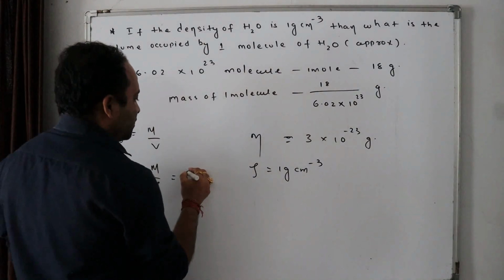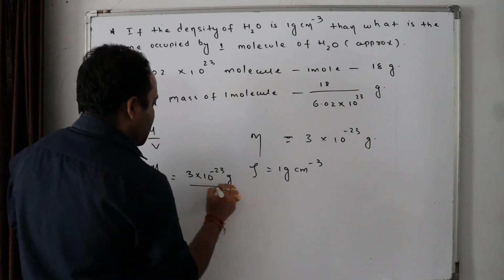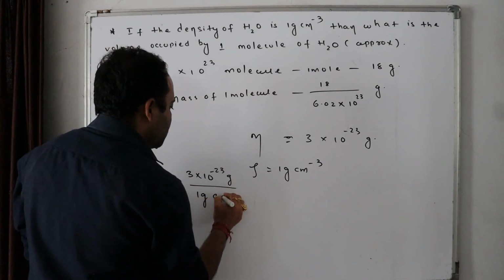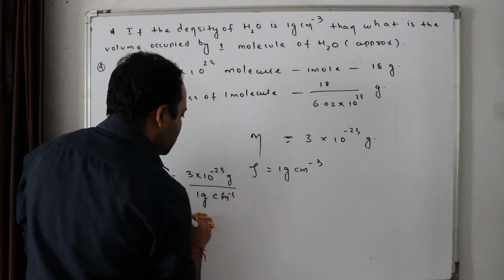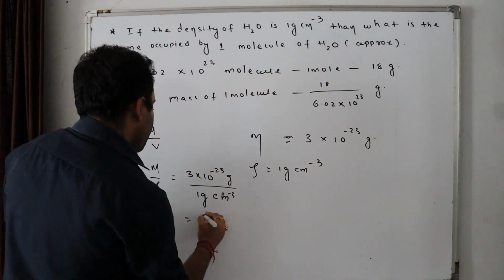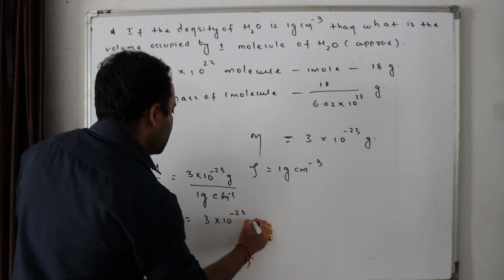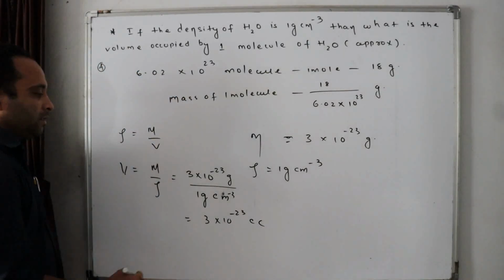Mass is 3 into 10 to the minus 23 gram, by density 1 gram per centimeter cube. So volume here is 3 into 10 to the minus 23 centimeter cube or cc. This is the answer.